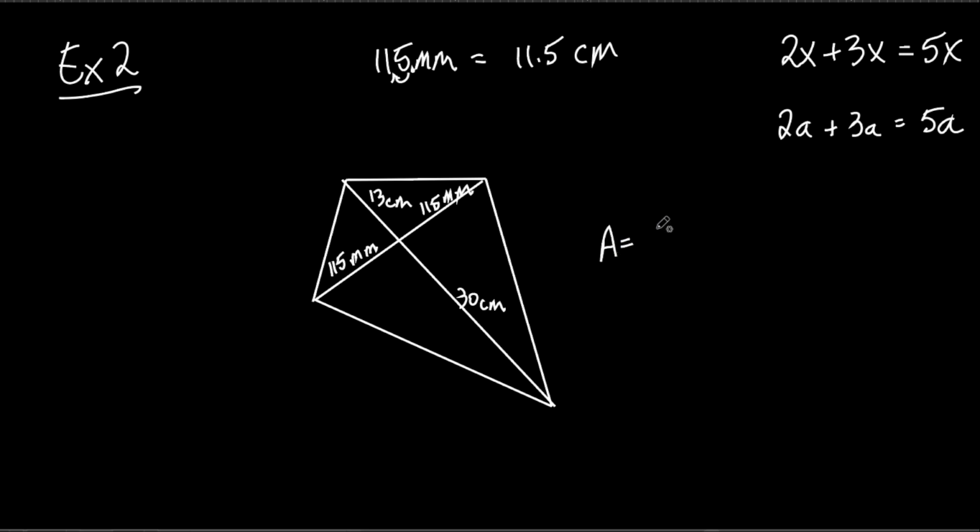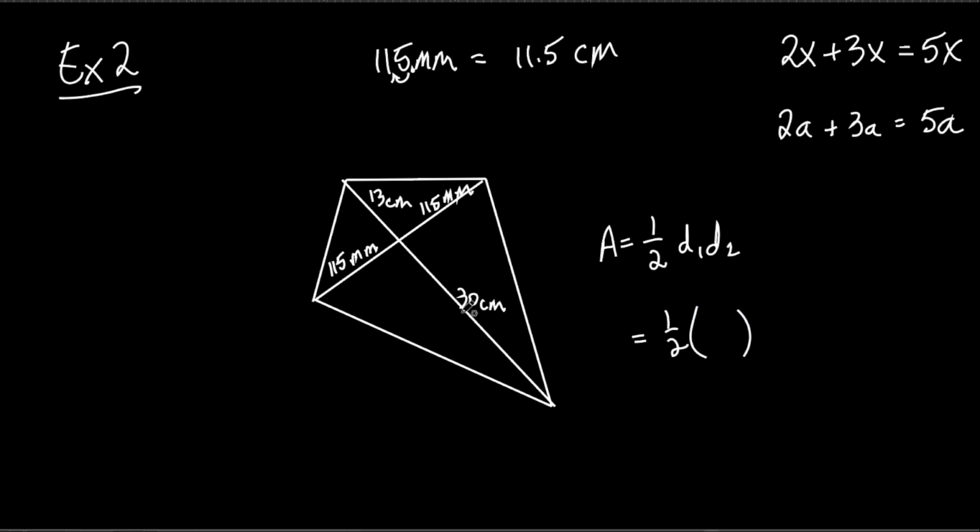So, do we know enough? What is the area of a kite? One half D1 D2. Do I know D1? It doesn't matter which one is D1 or D2, but let's say this one's D1. There's the one half.